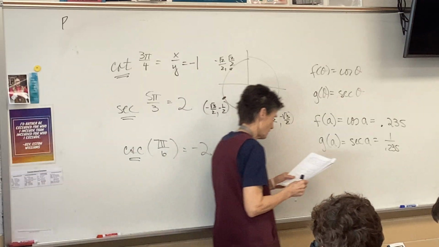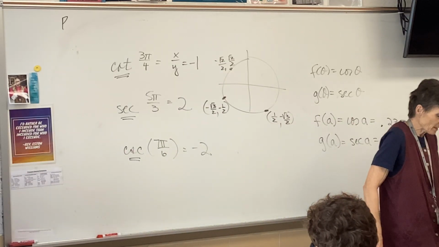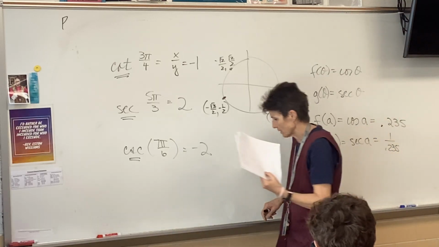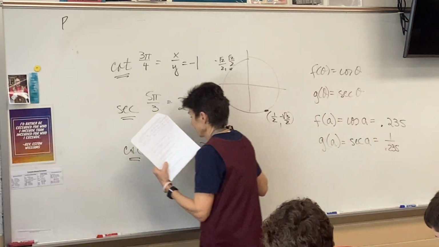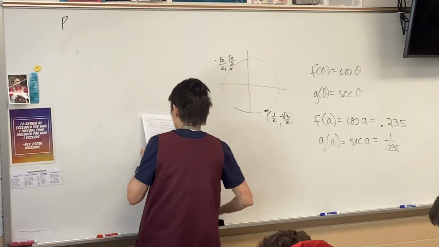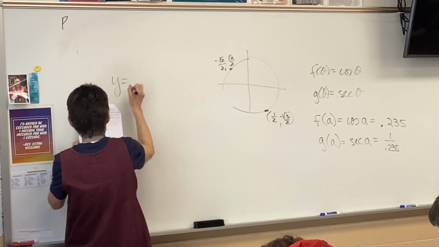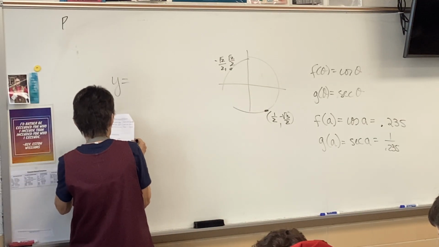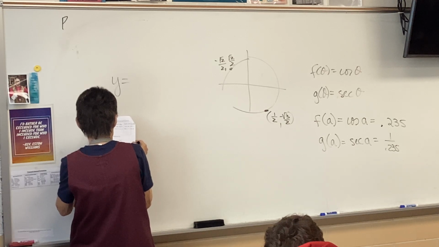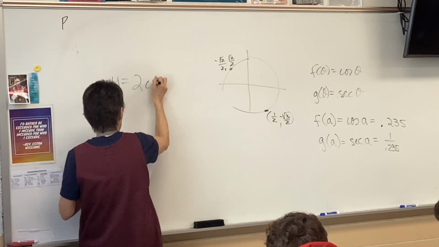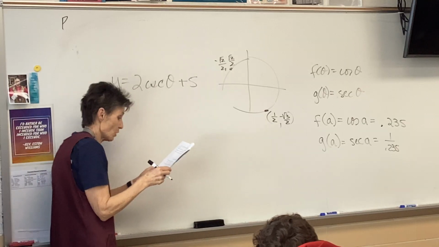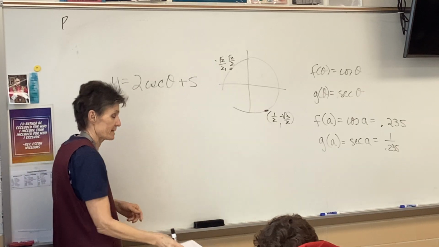The parent function of cosecant is stretched by a factor of 2 and shifted up 5. What's the equation for the new function? Y equals what? Two cosecant, perfect. So what would the range of this thing be?